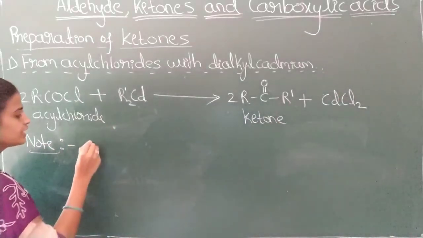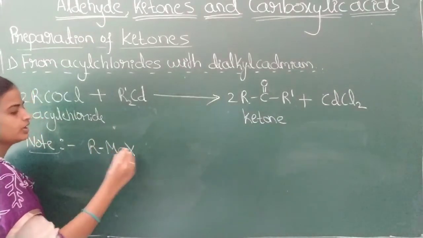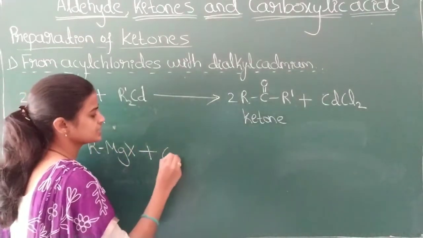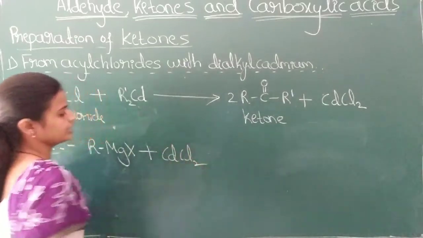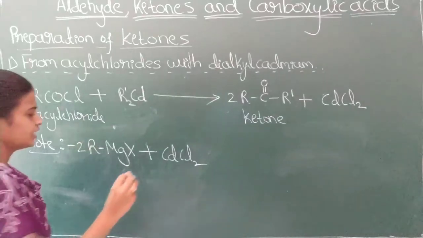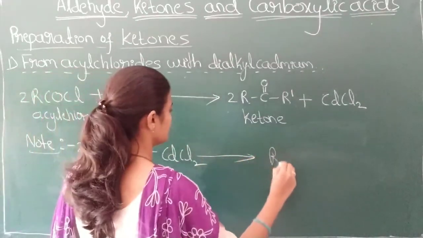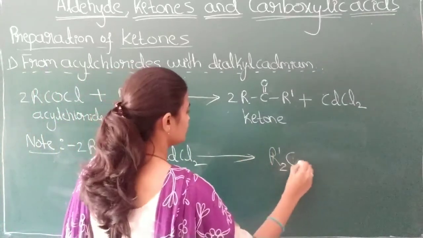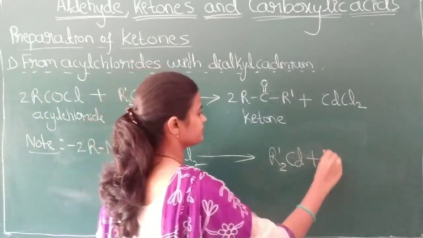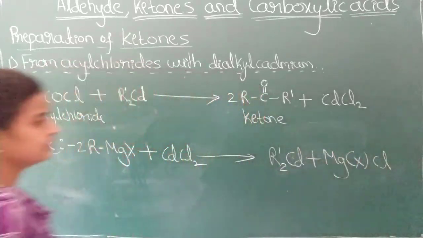Grignard reagent means RMgX, this we know. When 2 RMgX is treated with cadmium chloride, what is formed? R2Cd plus MgXCl.